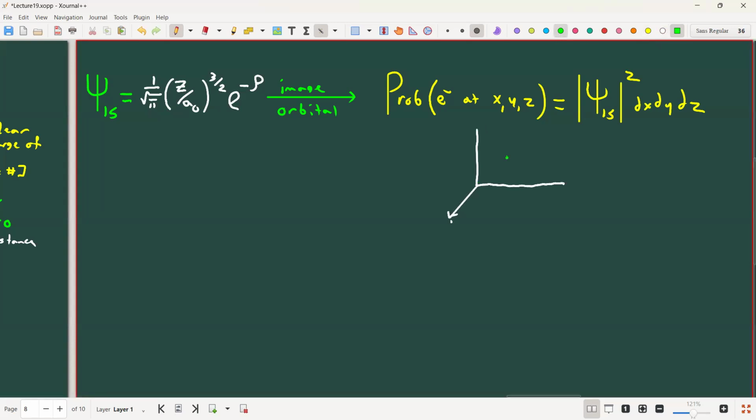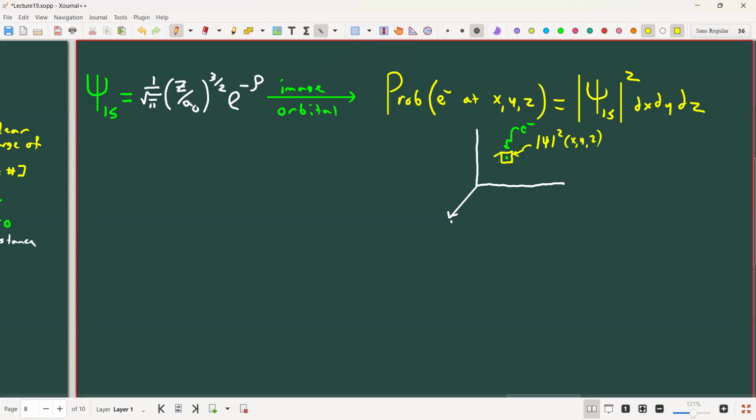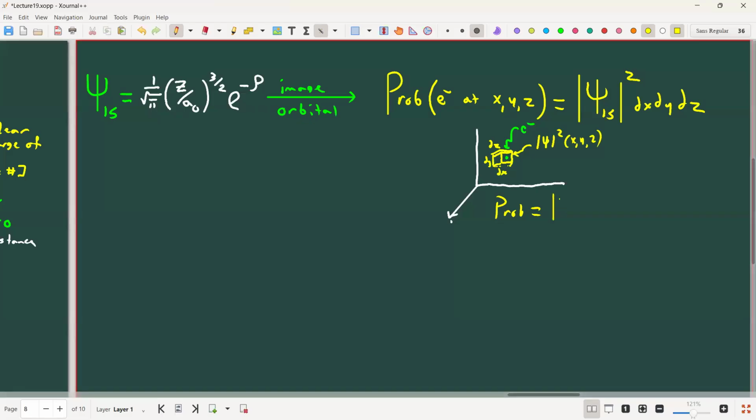If we want to ask the question, here we have an electron here, and when we want to ask what its probability is, we just have to measure the value of psi squared at x, y, and z, and then build a little cube around it of size dx, dy, dz, and the total probability is equal to, again, the value of psi 1s evaluated at this point squared times this volume dx, dy, dz.